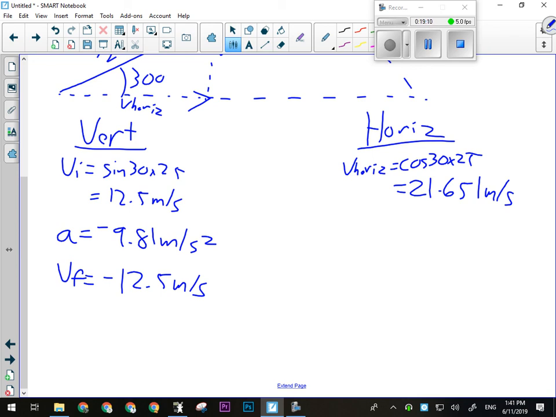I want to calculate the horizontal distance traveled, and I know that horizontally the object is traveling at a constant velocity. What do I need? Well, I want to find the distance. To get that, I need time. Did we solve for time on pretty much every single one we did? Can I get the time with this information? Yes.